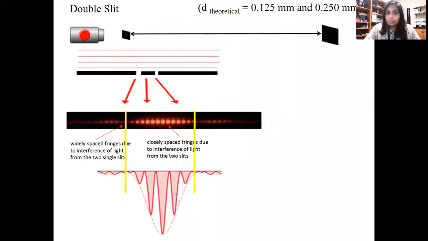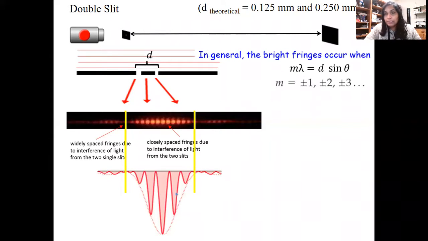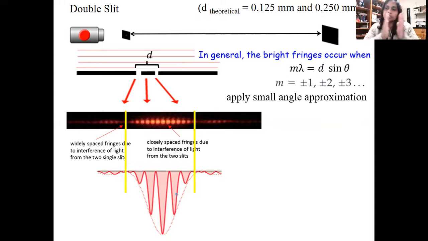Well, now let's talk about the theory here. When we are using the double slit setup, the bright fringes occur with the same kind of equation as we use for the single slit. But remember, this is for the bright fringes. So m lambda equals d sine theta. Again, you can use the small angle approximation because the distance from the slit to the screen is larger compared to the size of the fringe.